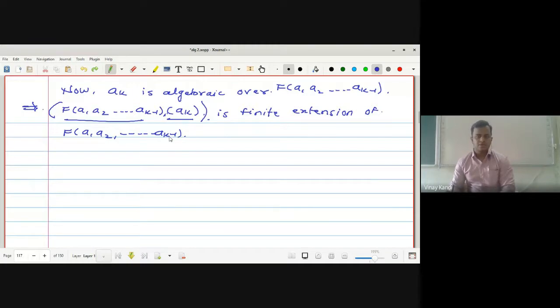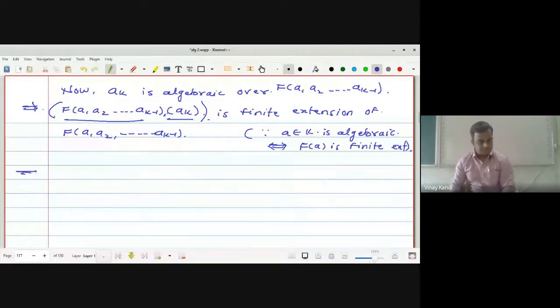So this field is a finite extension of F of A1, A2 up to so on AK minus 1. What is the reason? If A belongs to K, A is algebraic if and only if F of A is a finite extension; we proved this in the previous lecture. So F of A1, A2 up to so on AK minus 1, AK is a finite extension of F of A1, A2 up to so on AK minus 1.